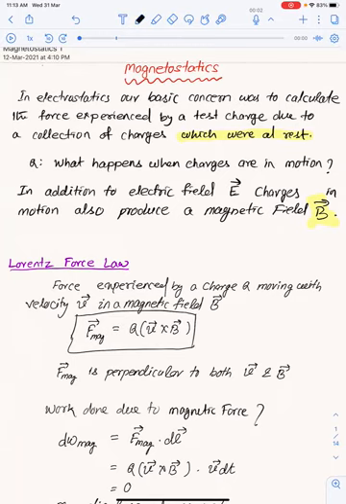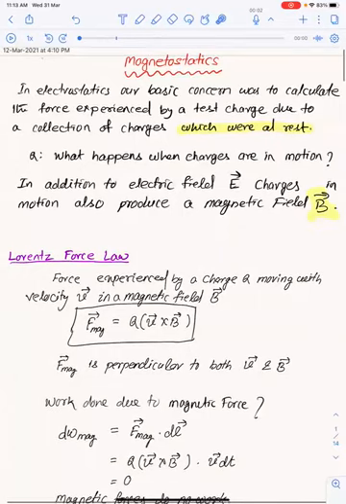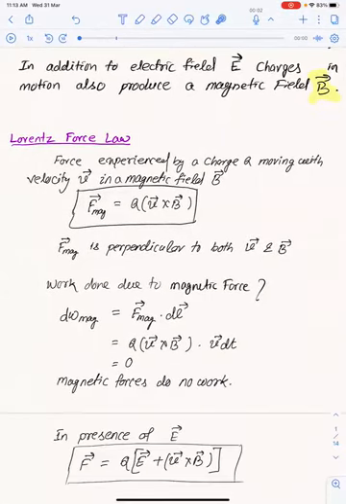Before we go into that, let's first discuss the force experienced by a charge Q moving with a velocity V in a magnetic field B. So the magnetic field is already existing, and a charge Q is moving with velocity V. The force, which we call F magnetic, is given by Q V cross B. Please pay special attention to this cross product V cross B. It tells you that this force is perpendicular to both V and B. That's a very crucial point to remember.